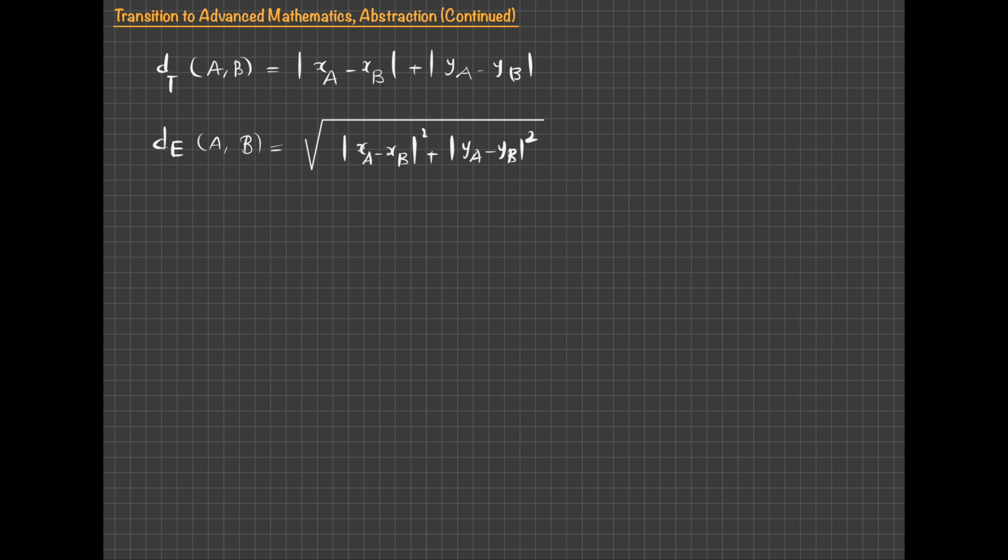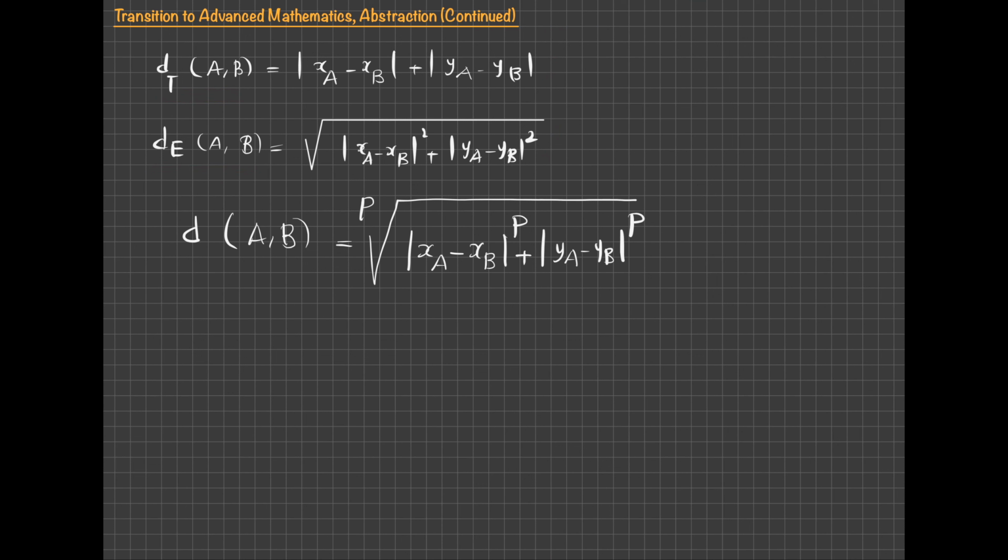And I hope you see that it is not hard to answer this question positively. For example, we can say these two metrics are actually particular cases of another formula. Let me call it D of A and B. Then I would write it as the pth root of the absolute value of x_a minus x_b to the power p, plus the absolute value of y_a minus y_b to the power of p.